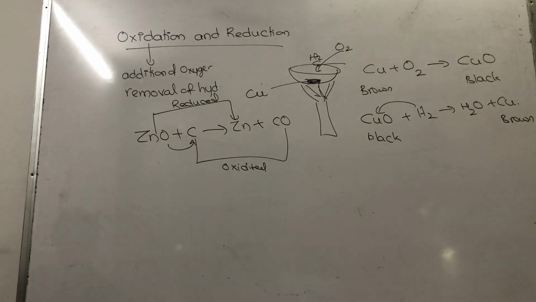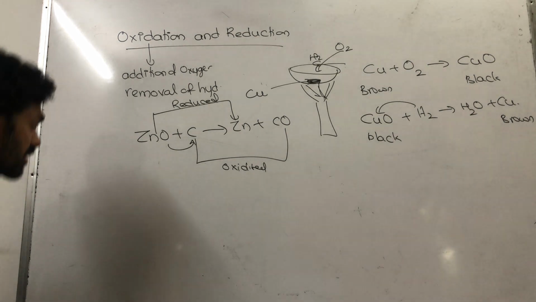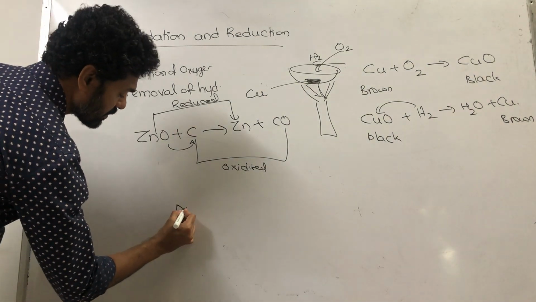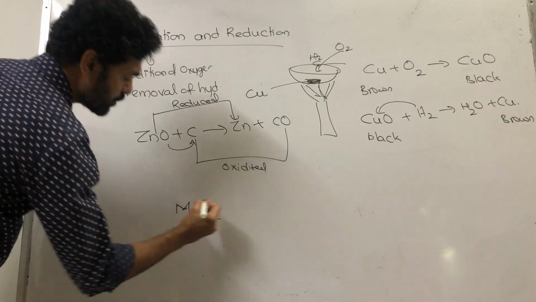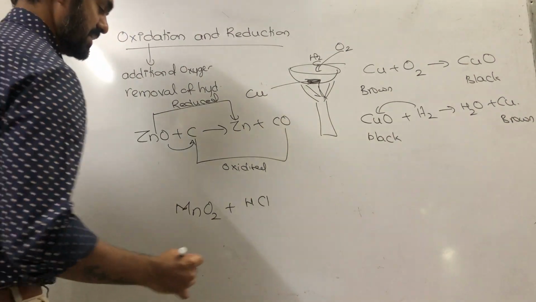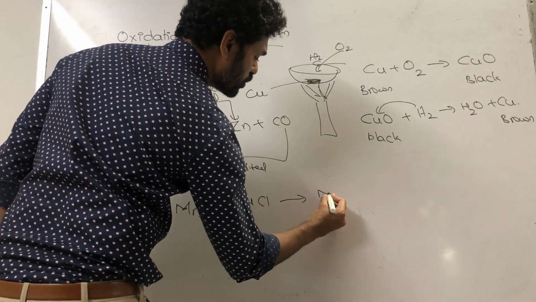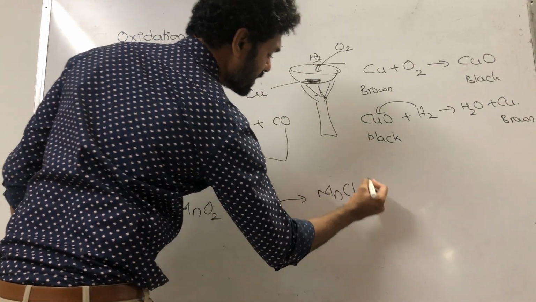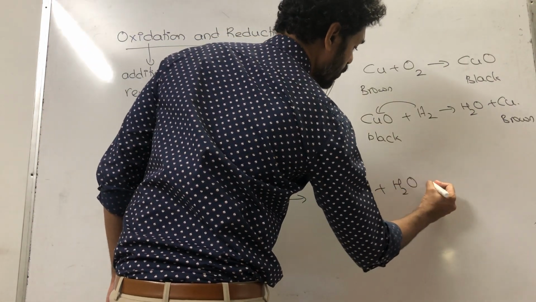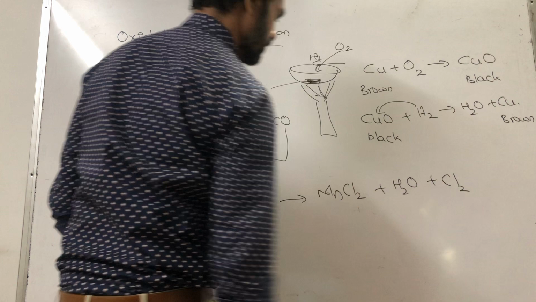One more example in the textbook is the reaction between manganese dioxide, MnO2, and hydrochloric acid. They react to form manganese chloride, H2O and chlorine.